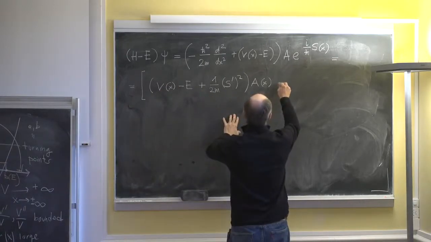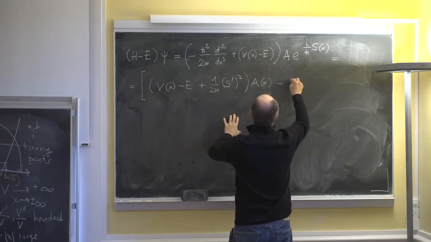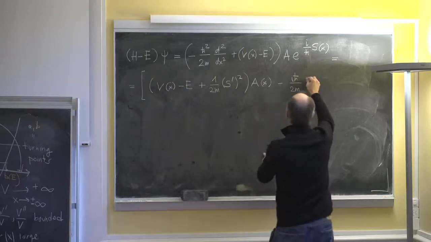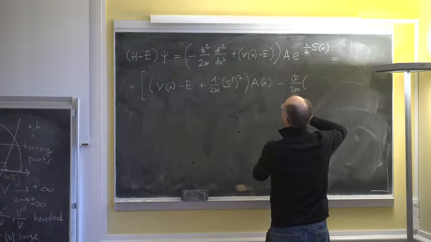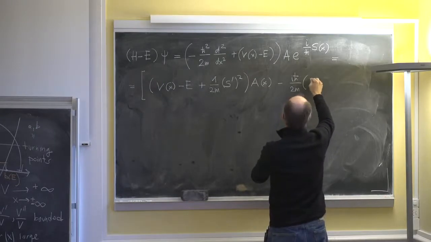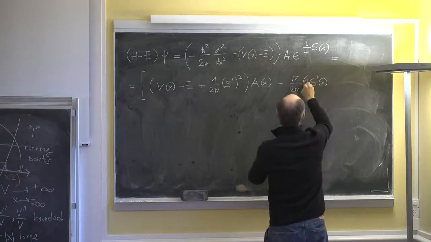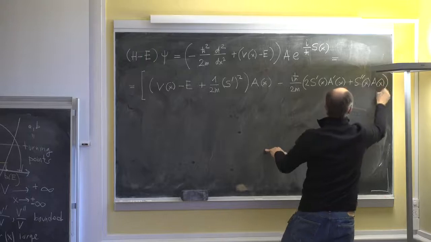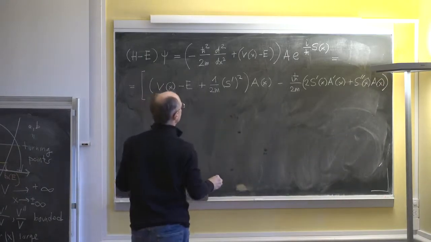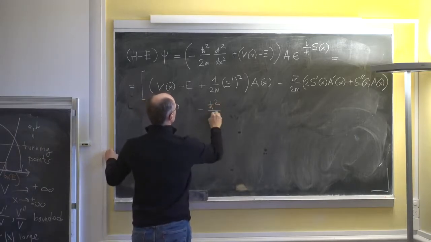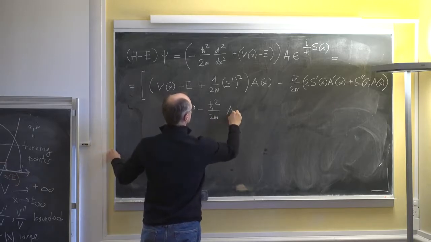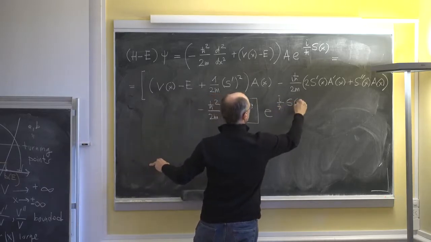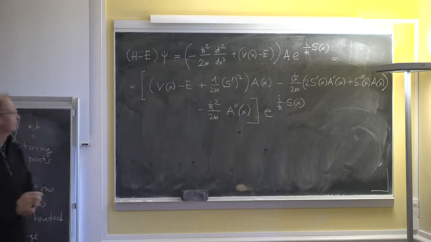Now, minus i h bar over 2m, and here S prime of x, A prime of x plus S double prime A of x, and minus h bar squared over 2m could it be right?